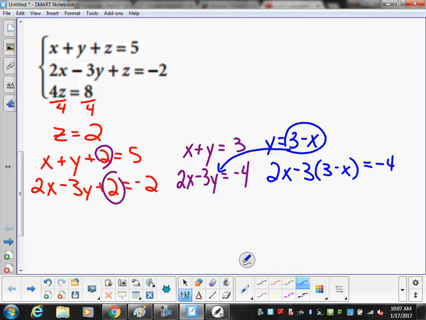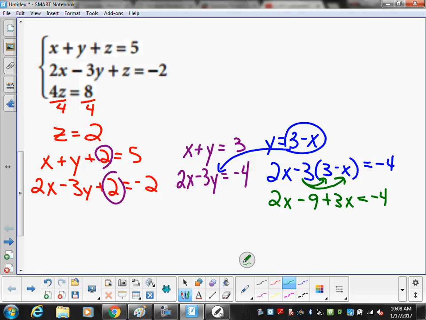Okay, so once I found y, I plugged it back into the other equation. And so now I'm going to distribute and solve for x. And so 2x, negative 3 times 3 is a minus 9. Negative 3 times a negative x is a positive 3x equals negative 4. Okay.